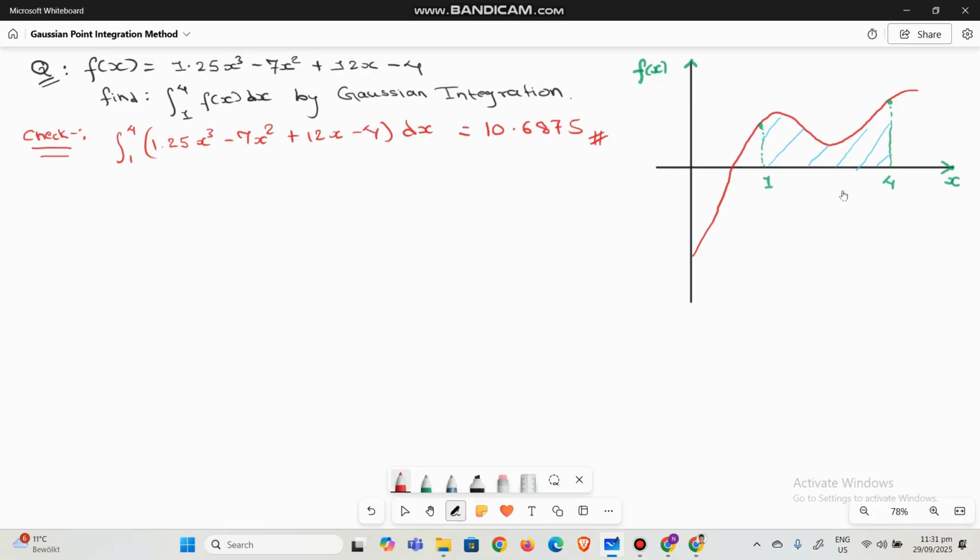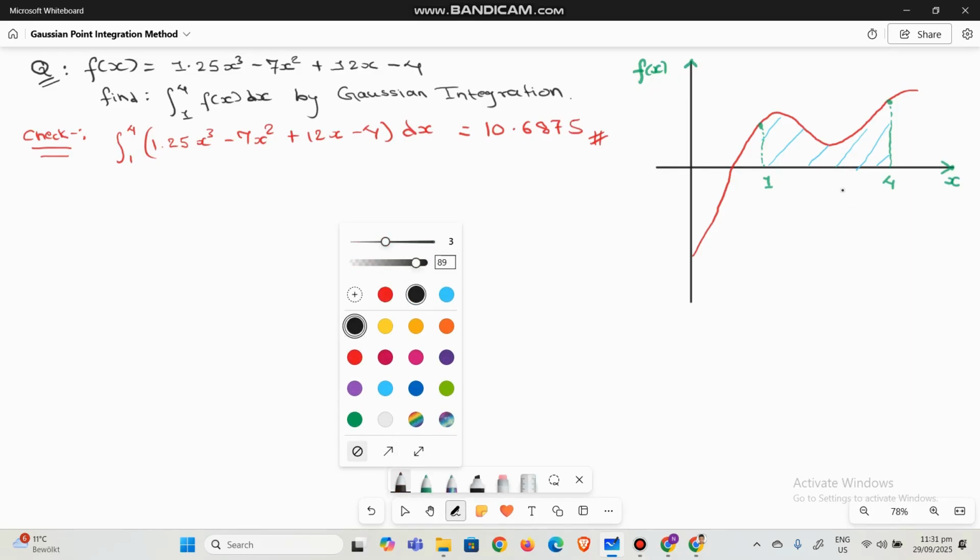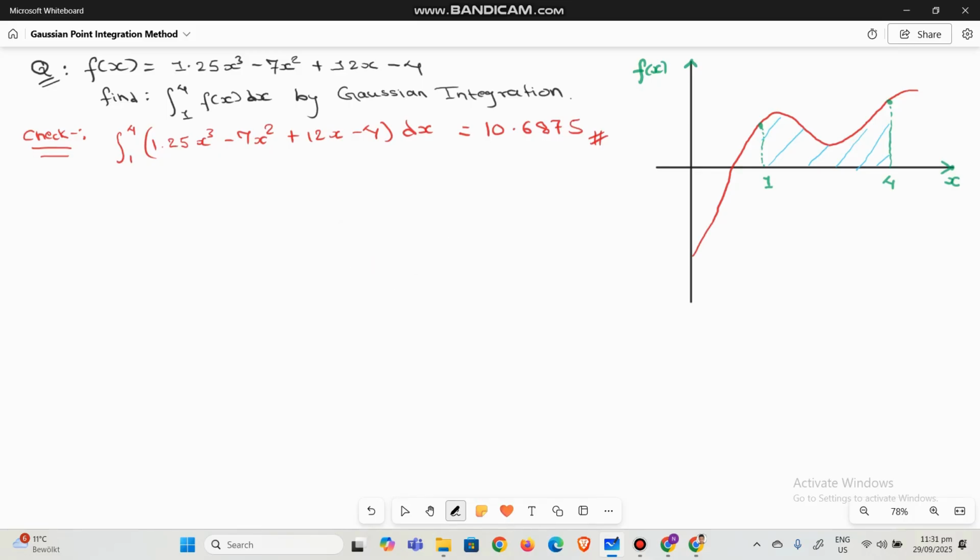Okay, now we officially begin the process. Step one, determine the number of Gauss points.